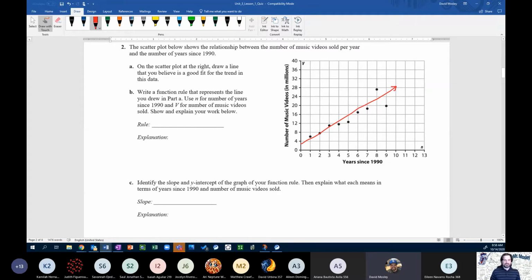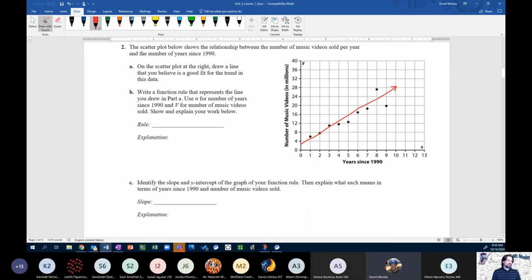Not great, but close. So we're just going to use this line. Generally, if we're doing a line that's a good fit, something we would call a best fit line, you'd use a ruler so you get a nice straight line. We just don't have that luxury at the moment, so we'll do what we can. So this is the line.